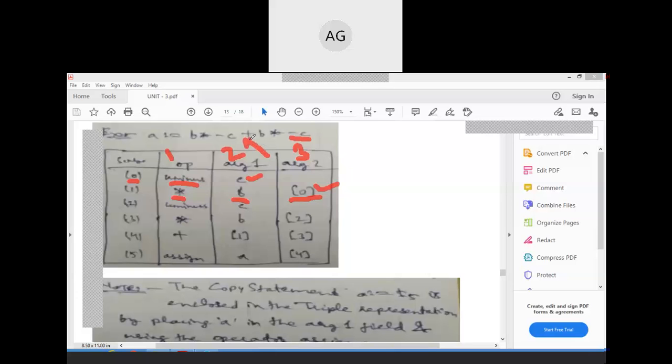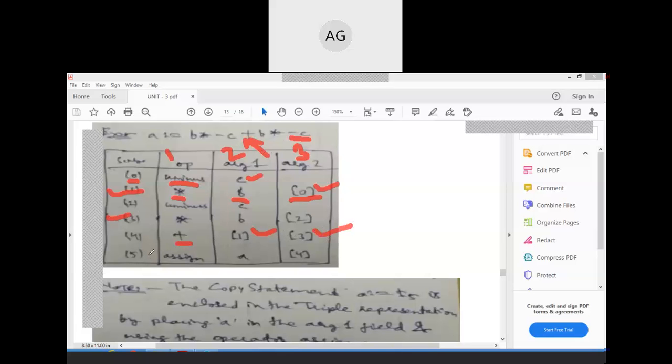The plus is the operator, and here we can write the names, or we can write the positions where it is stored. The first on the left hand side of plus is stored in statement 1, we can write it here, and the second part, on the right hand side of the plus operator, is stored in statement 3. So we can write in argument 2 as statement 3.